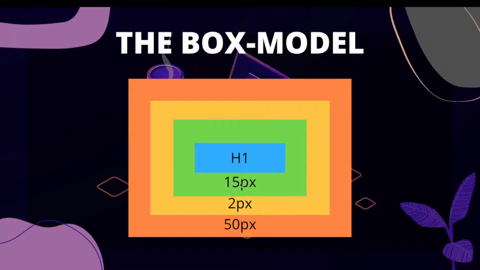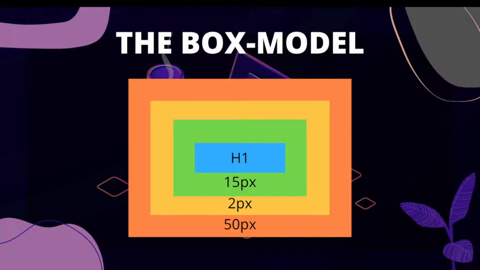This is the content. This is the padding. This is the border. This is the margin. So that's what I mean. So I'm listening. I think the size of the content is the size of the H1.